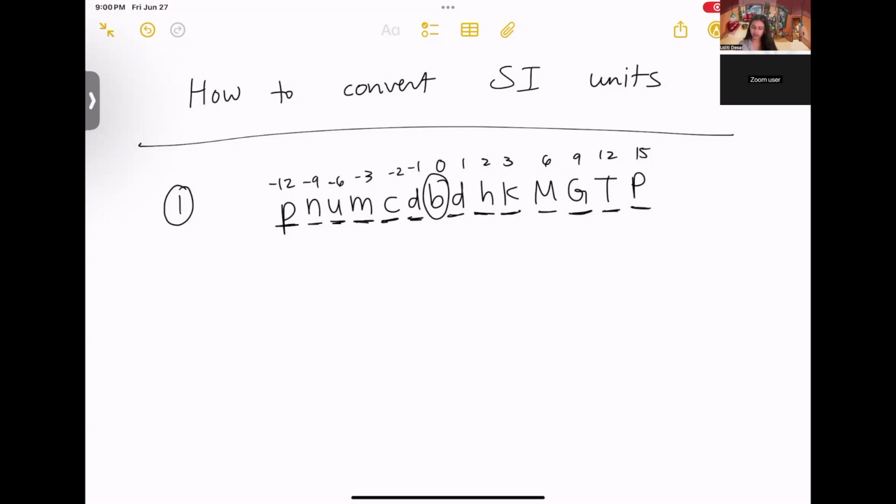Usually the most common ones you see are obviously centi, milli, micro, nano, and on this side kilo, I guess, and then one of these usually on exams. We usually don't get tested on deci or deca or hecto, but it's always good to know just in case.